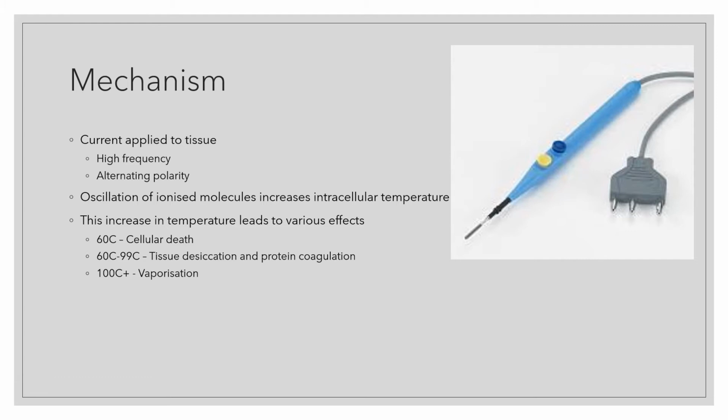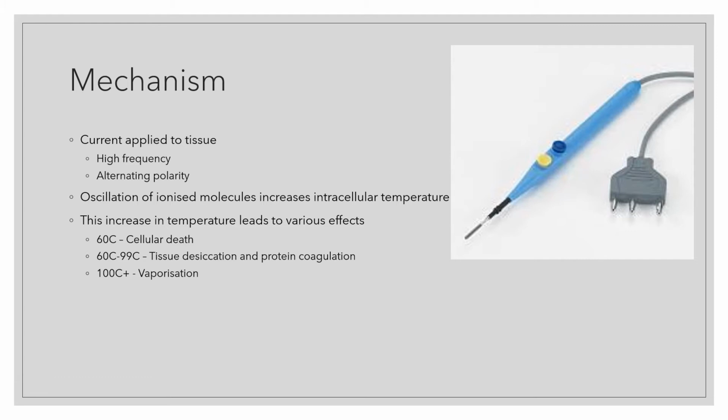And this low temperature diathermy is used for things like skin lesions and very superficial things which don't require much tissue destruction. Between 60 and 99 degrees Celsius, you experience tissue desiccation and protein coagulation. This is ideal for coagulating blood vessels or dissecting out structures where you want to ensure that there's no bleeding present. And this is a sort of slightly less rapid coagulation and cutting process.